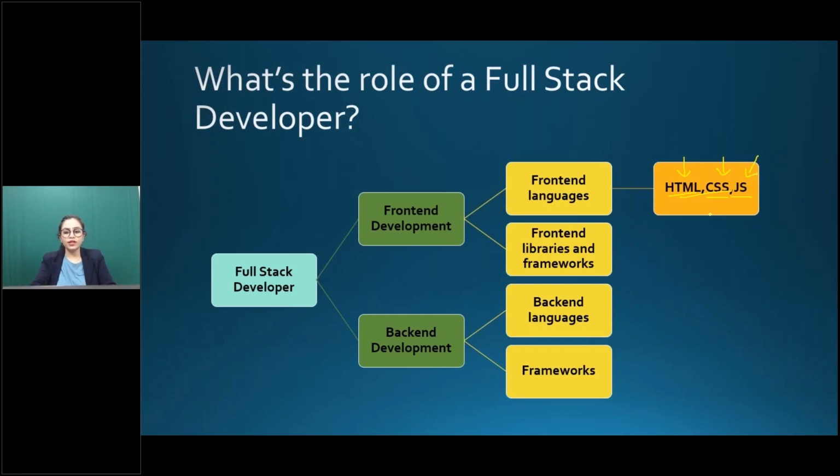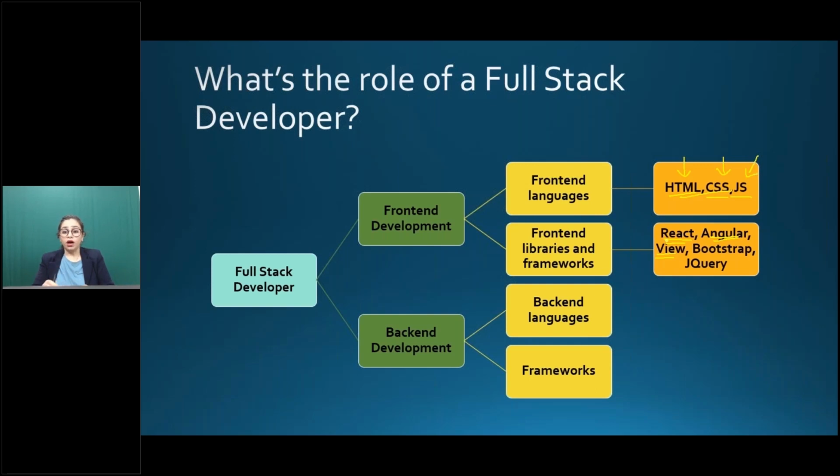After that, front end libraries, the very popular third party front end libraries we have are React and Angular. Also we have Vue, if you have heard about Vue, and you can also use Ember. So React, Angular, Vue, Ember, these are all third party front end libraries. Using that also you can create your front end.